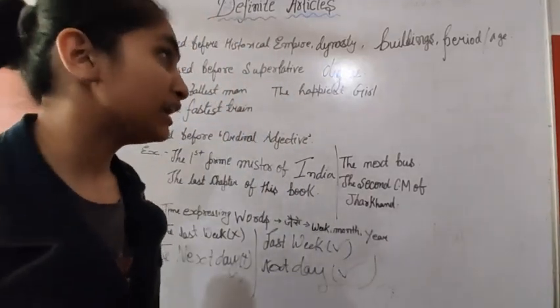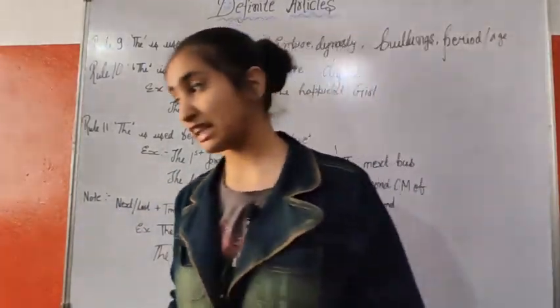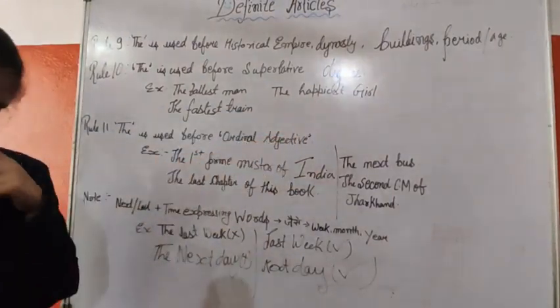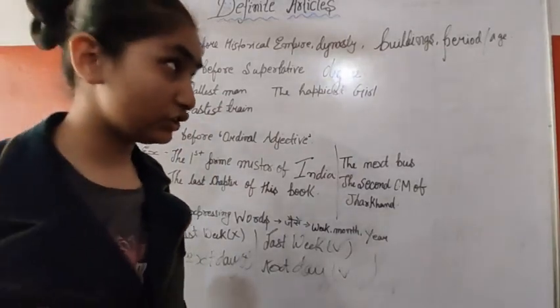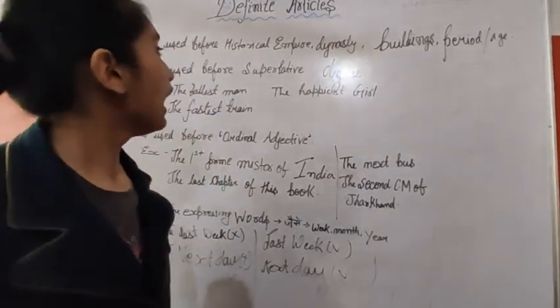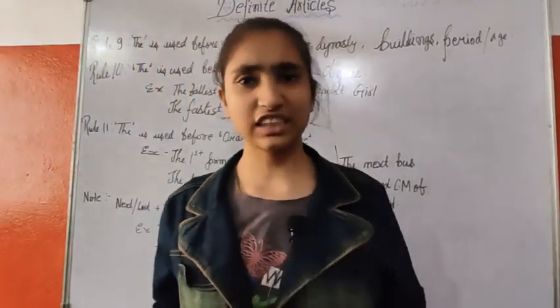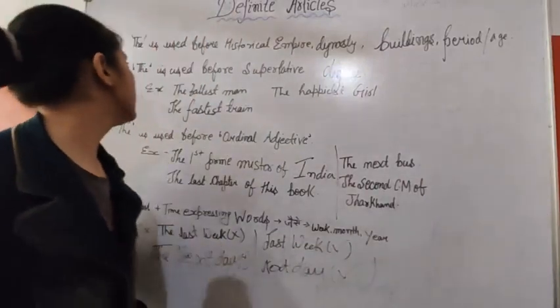In periods and ages you can take the Neolithic age, the New Stone Age, and the Restoration period. Okay. And in battles you can take the French Revolution, the English Revolution, the Russian Revolution, the Indo-Pak Revolution. Okay guys, so now let's move to the next rule.